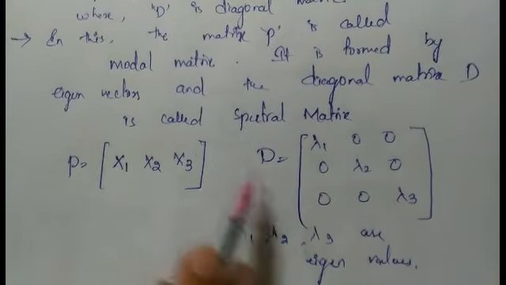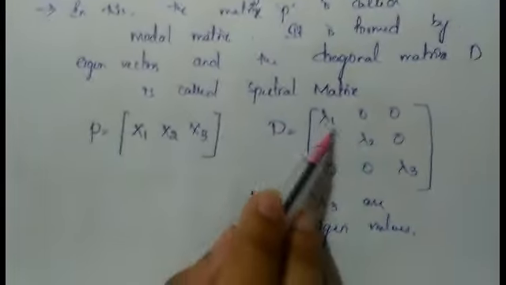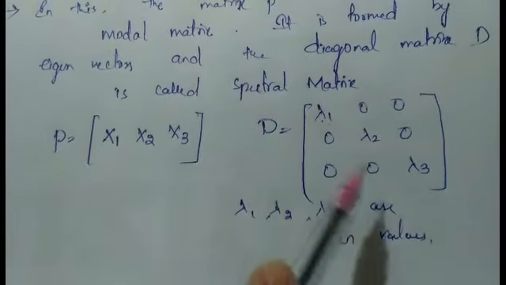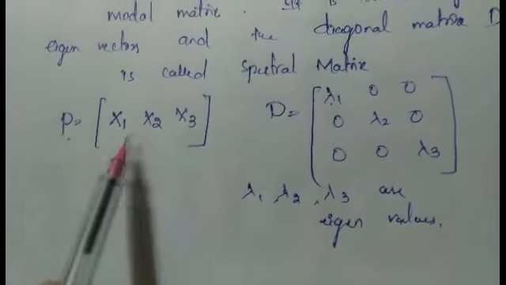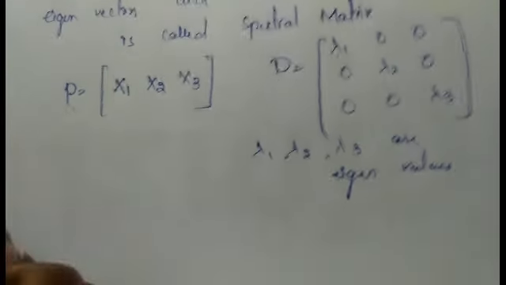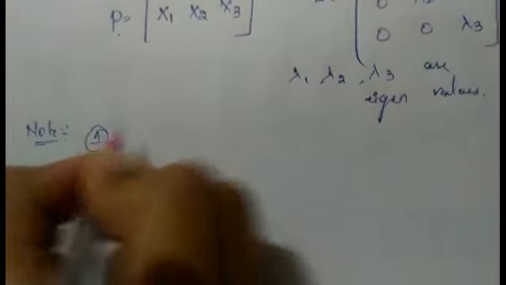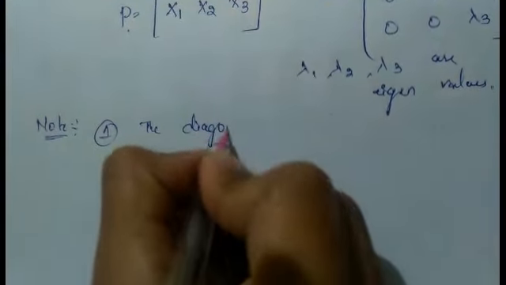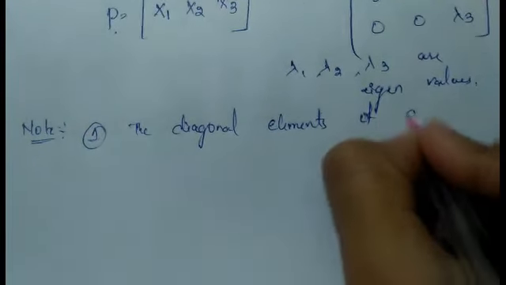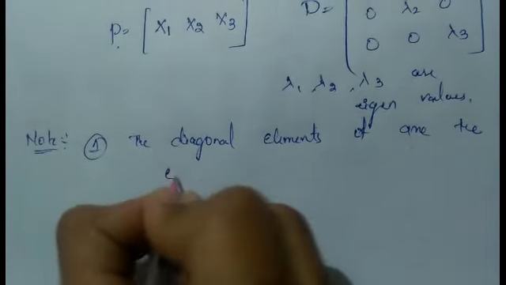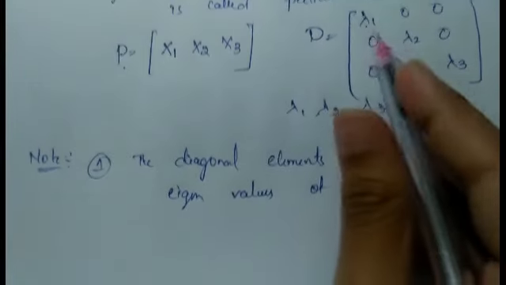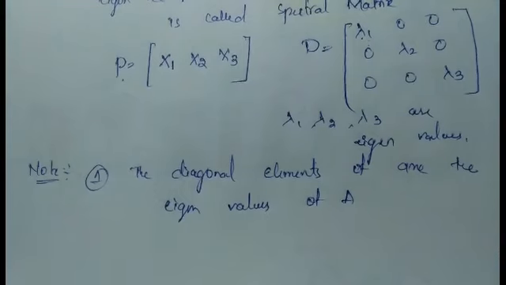We write the eigenvalues on the diagonal and the remaining elements are 0. And note, in this diagonal matrix, the diagonal elements are the eigenvalues of the matrix A.